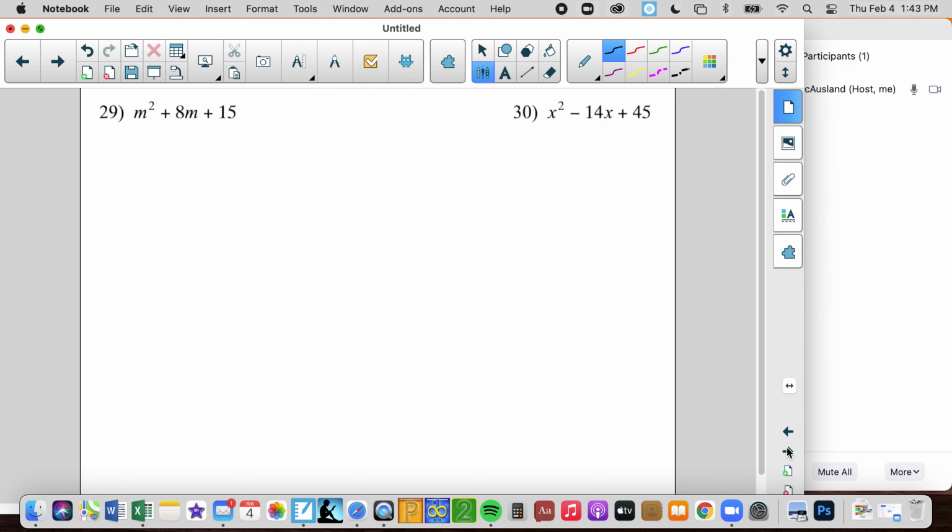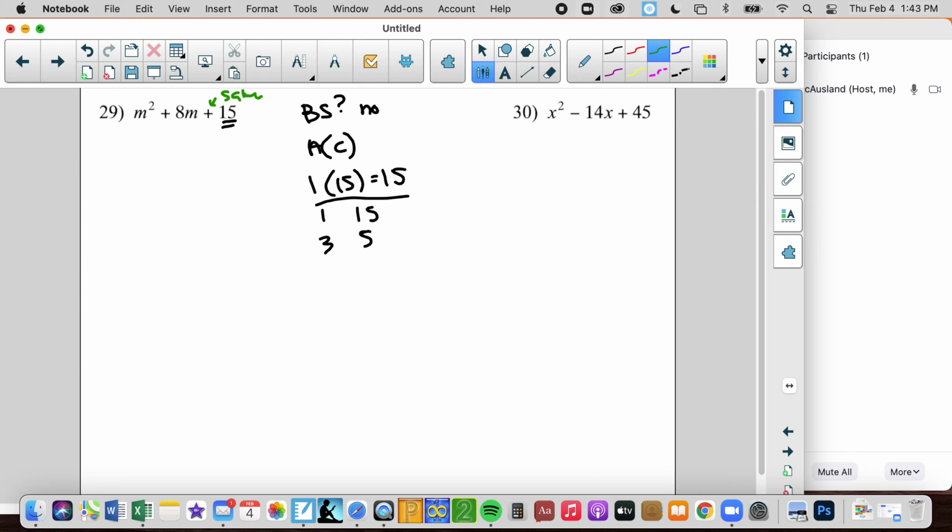All right, 3 terms, second sign positive, however, not perfect squares. So this is not a binomial square. So we have to go now to A times C. A is 1, C is 15. 1 times 15, factors of 15 are 1 and 15, 3 and 5. Signs are the same.